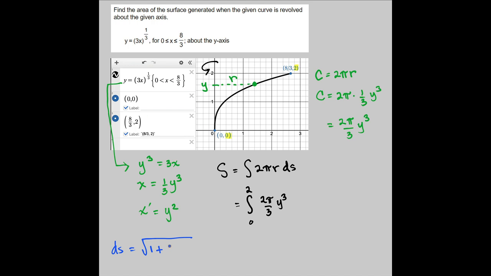So in here, we're going to get 1 plus y to the 4th. We are going to square x prime, and then we will have a dy on the outside. So there is our substitution for ds. So ds will be the square root of 1 plus y to the 4th times dy. And we have y limits of 0 and 2.